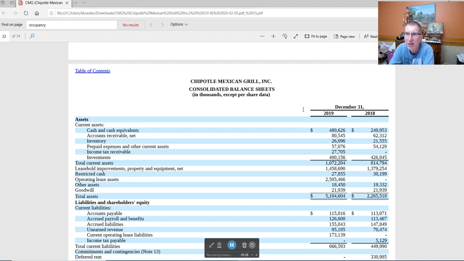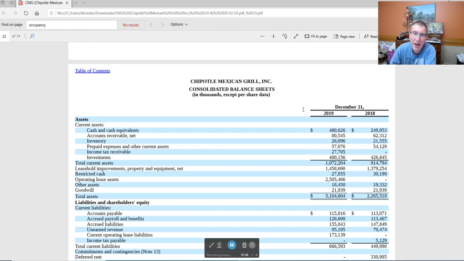I like to have at least 3 years of data, preferably 4 or 5 years of data. Once you get beyond 5 years, it starts to get less meaningful, but having at least 3 years of data is pretty helpful for starting to see trends and patterns, which can be useful.